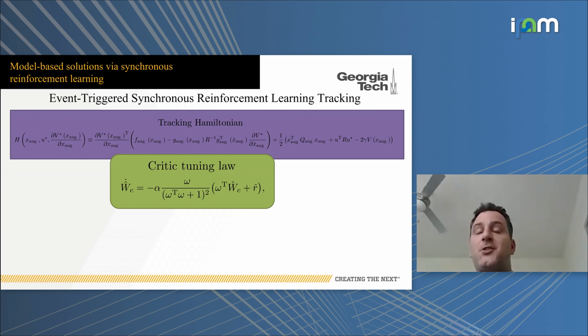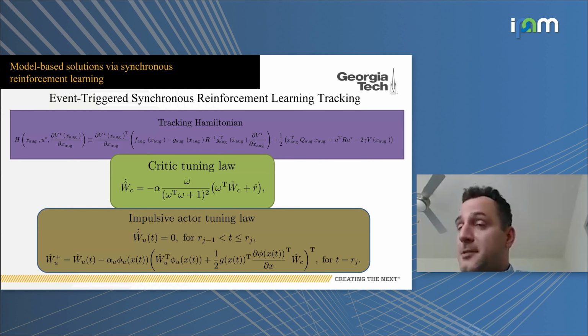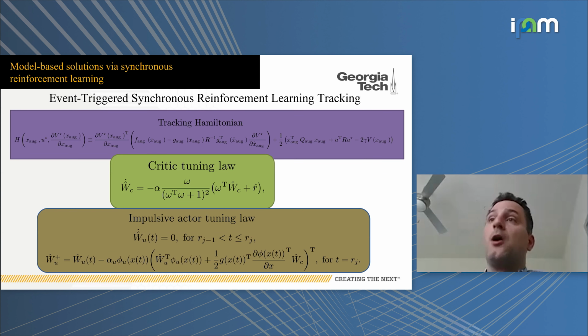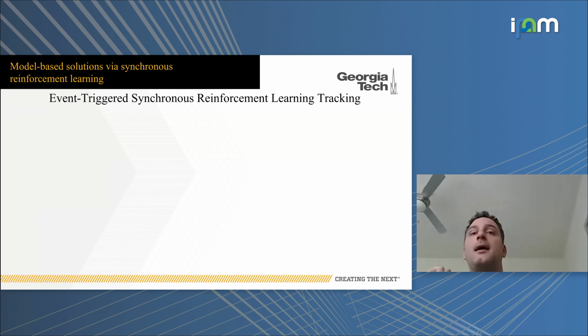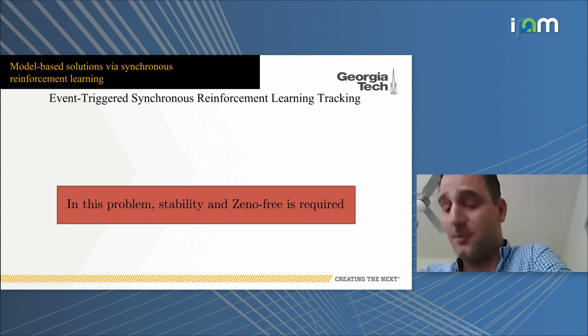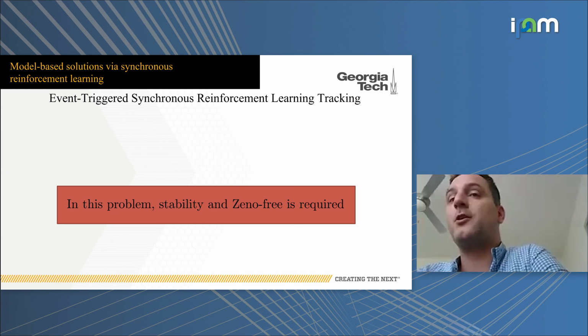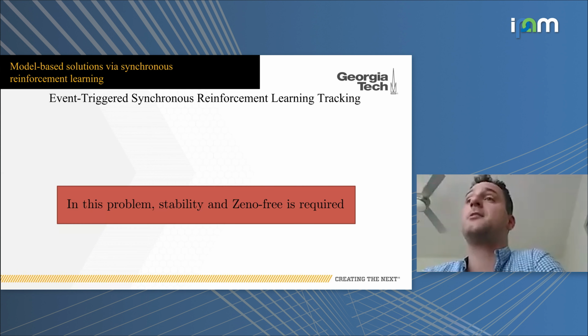Again, we use similar techniques to find the critic, and similar techniques to find the actor, and we were able to track different cases, sinusoids, cosines, while being optimal. When you do such techniques, you also have to prove that your triggering is Zeno-free.